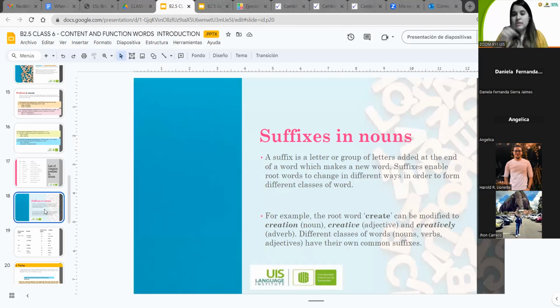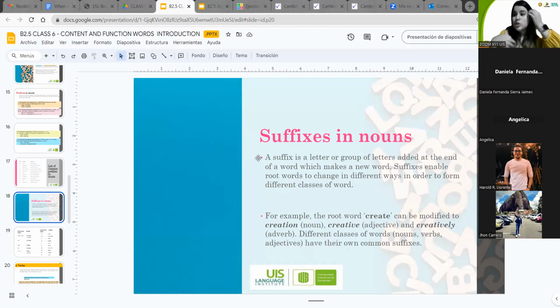Now, suffixes in nouns. We were talking about prefixes, now let's talk about suffixes. A suffix is a letter or a group of letters added at the end of a word which makes a new word. Suffixes enable root words to change in different ways in order to form different classes of words. For example, the root word create can be modified to creation, like fame, famous, or creative.